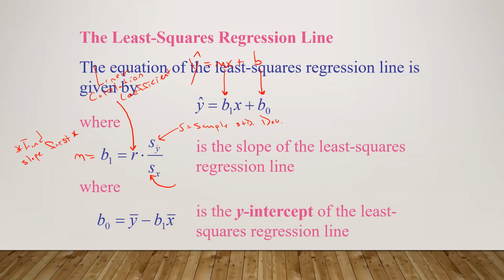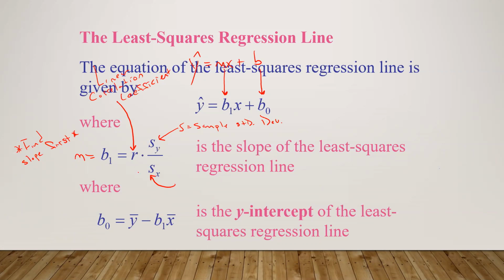Do you notice how we have S with the subscripted Y and S with the subscripted X? Well, we had two columns of data, right? We had our explanatory variable and we had our response variable. So it's the standard deviation of the Y variables divided by the standard deviation of the X variables, okay? So it's the linear correlation coefficient times S sub Y divided by S sub X.